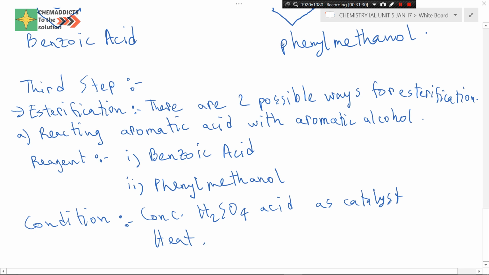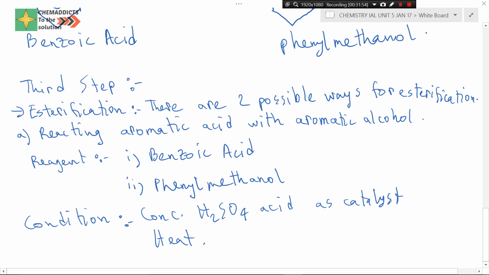So here we are not giving any organic reagent. These are formed from the synthesis, from the previous stages.